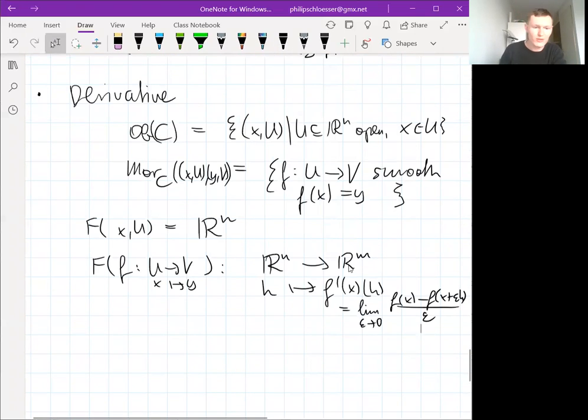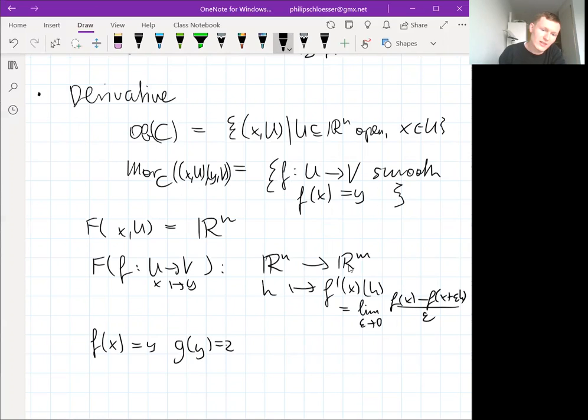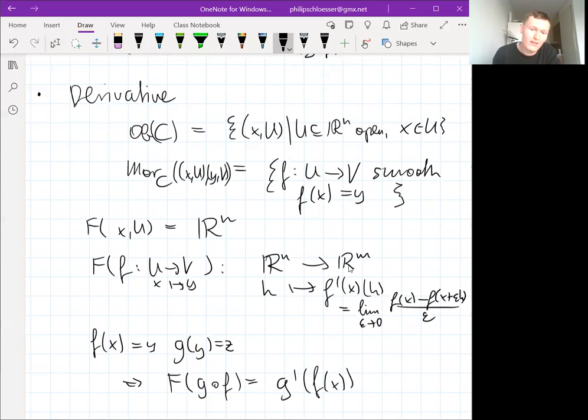This is also a functor because if f of x is equal to y and g of y is equal to z, then the derivative of g after f is equal to the derivative of g at f of x in the direction of the derivative of f at x in the direction h, I suppose.